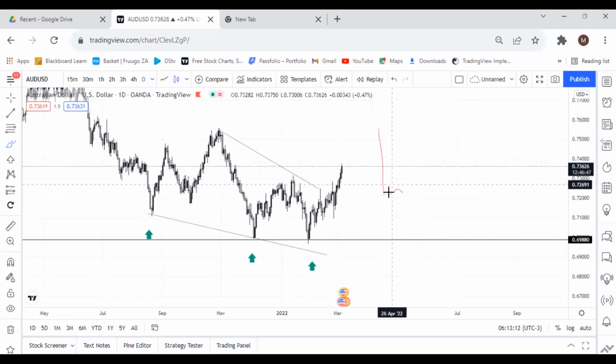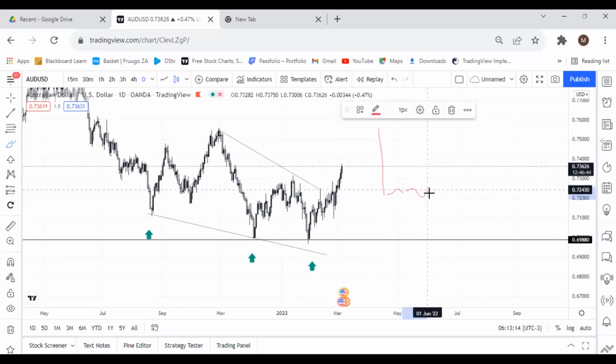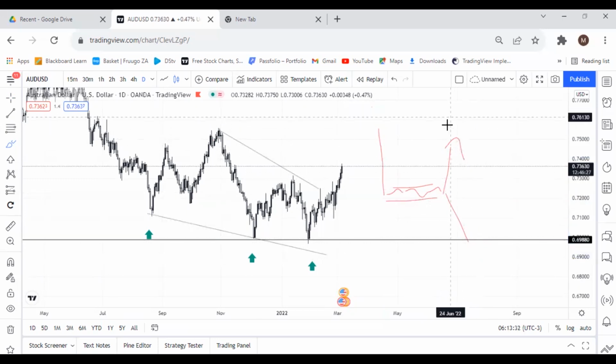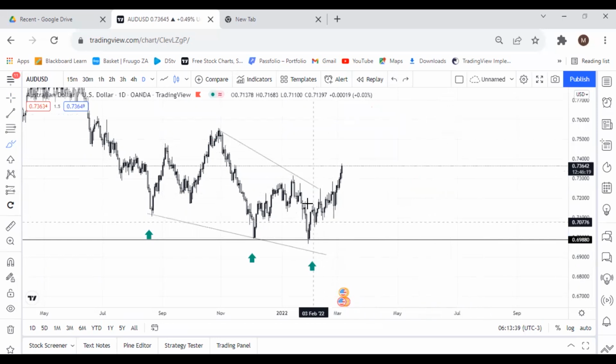So it's basically just going sideways like that. There's something about these corrections: they anticipate the next impulse, whether it could be an impulse back up or an impulse back down. Your job is to figure out which way the impulse is going to go. That is how we basically base our trades. For instance, we had this correction right here.